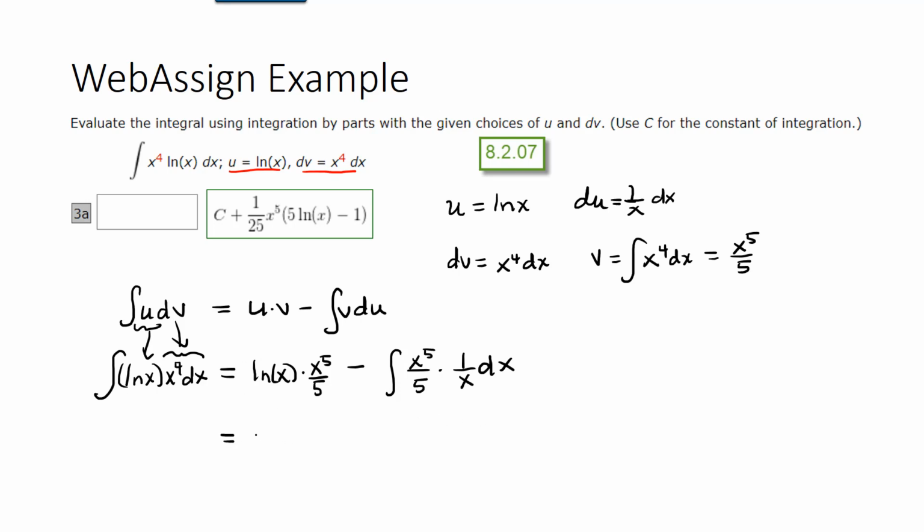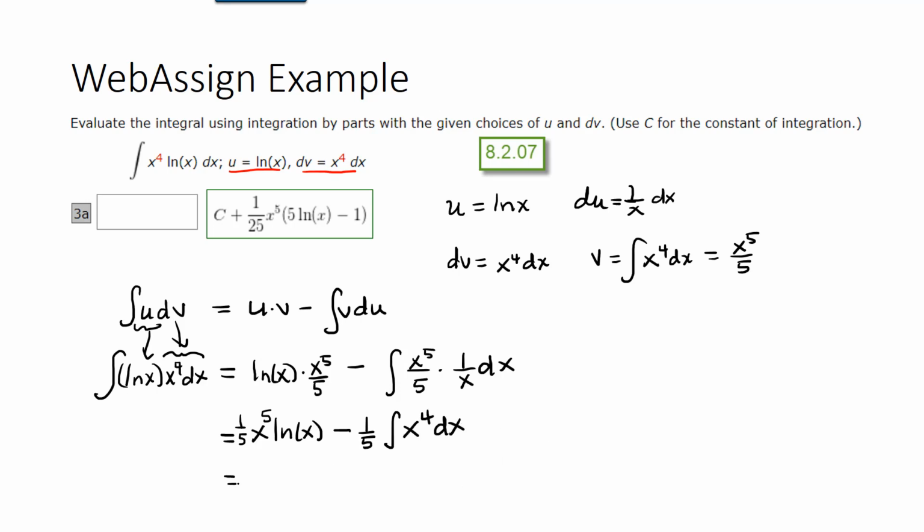So this is going to be 1/5 x to the 5th natural log of x minus, I'm going to bring the 1/5 out front, 1/5 the integral of x to the 4th dx.